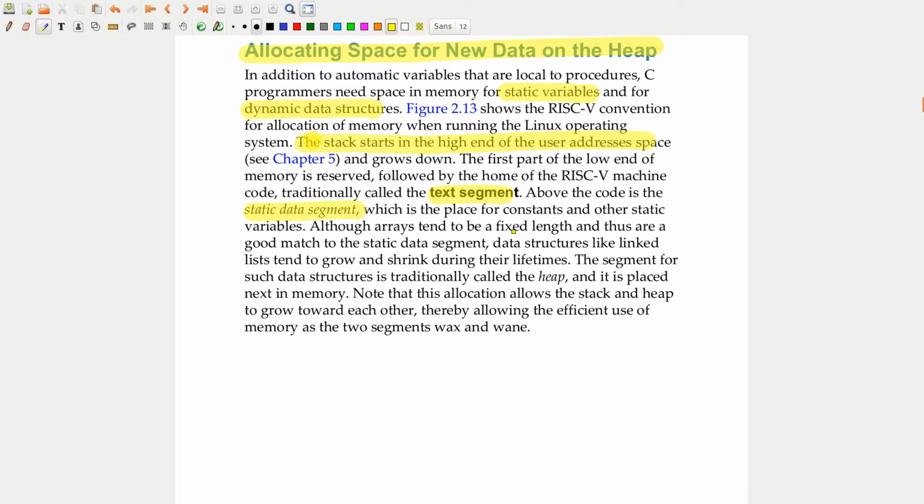Although arrays tend to be a fixed length and thus are a good match for static data, data structures like linked lists tend to grow and shrink during their lifetimes. The segment for such data structures is traditionally called the heap, and is placed next in memory. Note that this allocation allows the stack and heap to grow toward each other, thereby allowing the efficient use of memory as the two segments wax and wane.